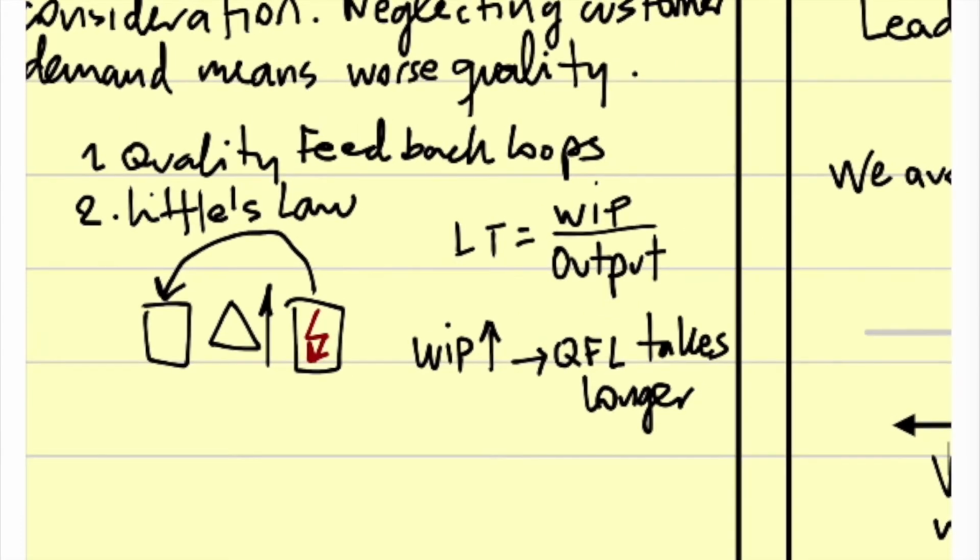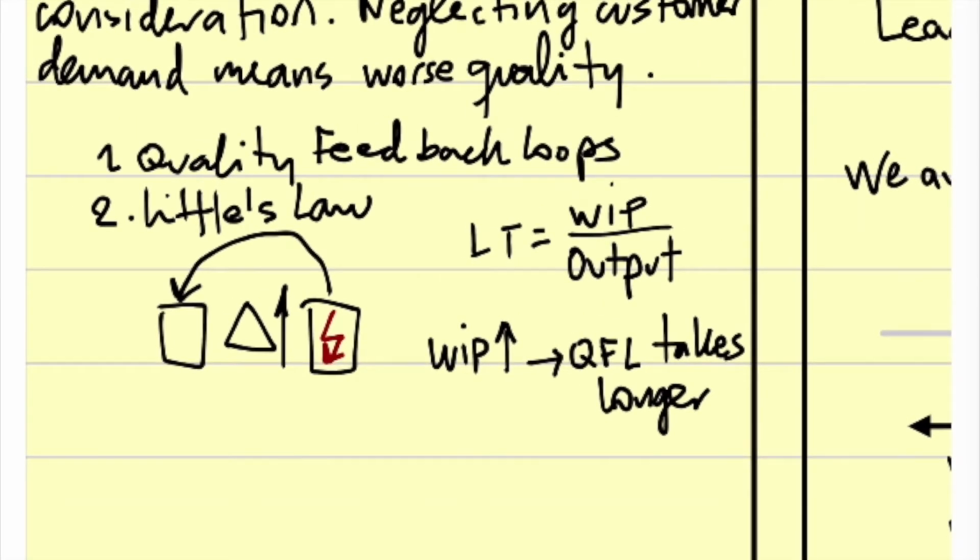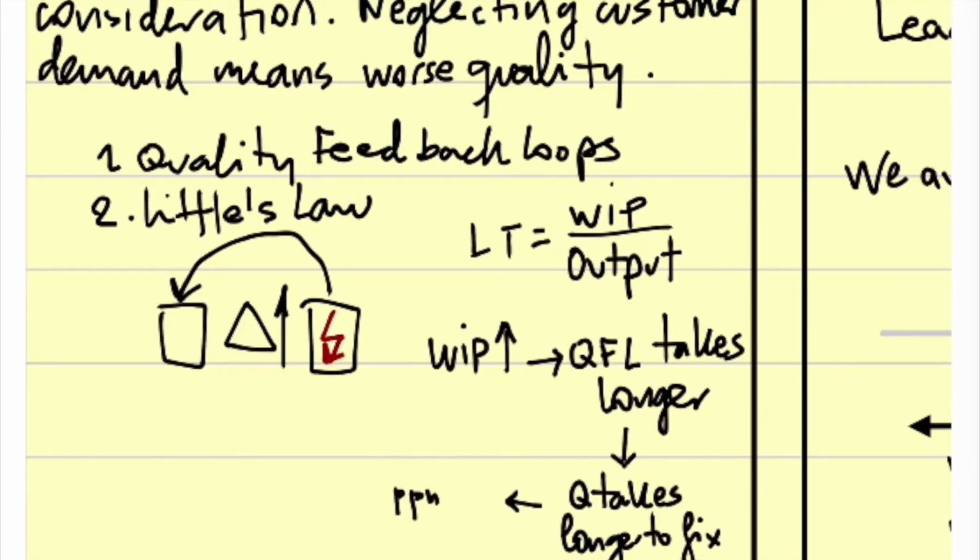Es dauert länger, bis ich das Feedback gebe. Und das heißt, because it takes longer, the quality takes longer to fix, which means that the PPMs go up.